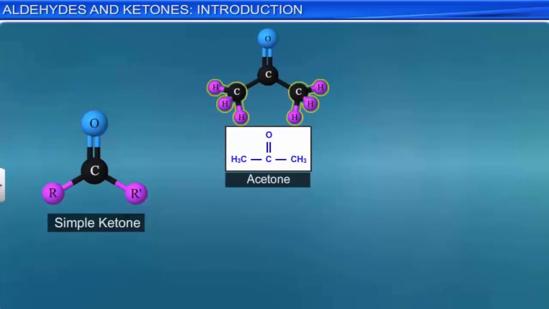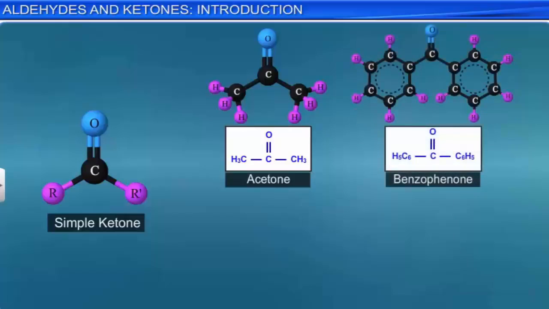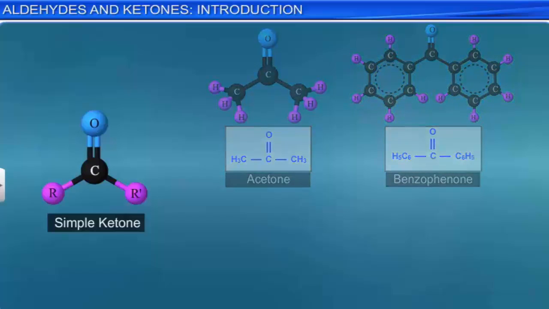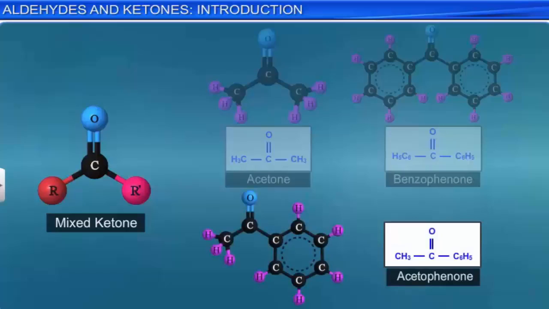That is, CH3. Benzophenone, where both R and R' are C6H5, also represents a simple ketone. On the other hand, acetophenone, where R is a methyl group and R' is a phenyl group, represents a mixed ketone.